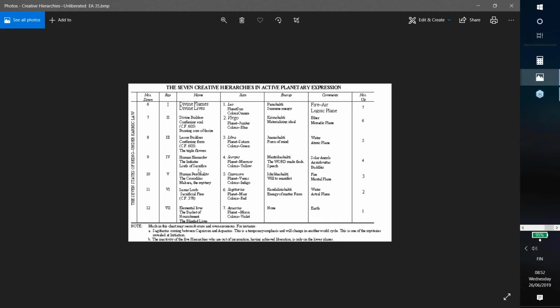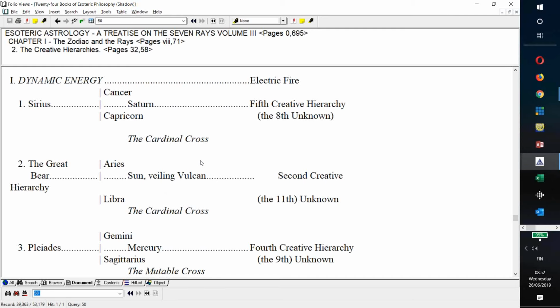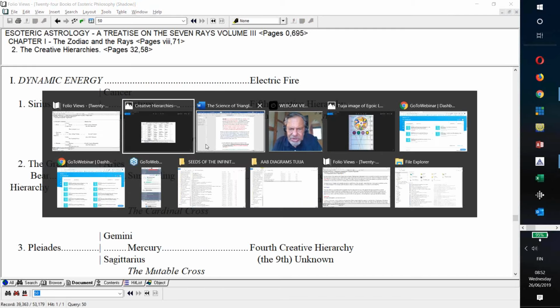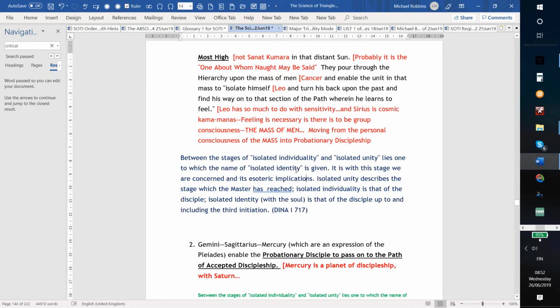We're talking about 5 liberated or almost liberated hierarchies that are involved in those great paths of probation, of discipleship, and of initiation. So that's what we'll do the next time.